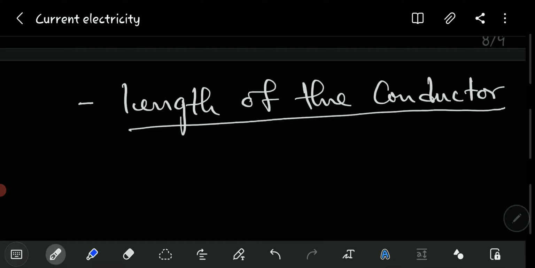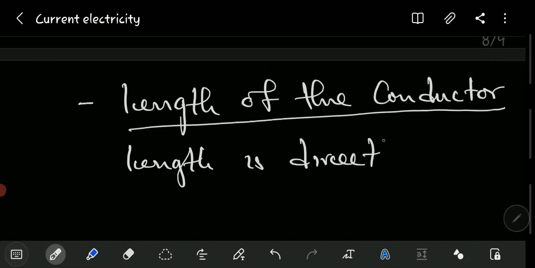So even in this particular case, the relationship is a direct proportional relationship. The longer the conductor, the higher the resistance. So length is directly proportional to resistance.